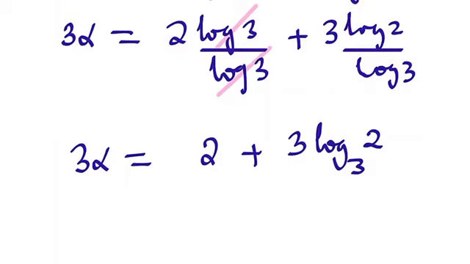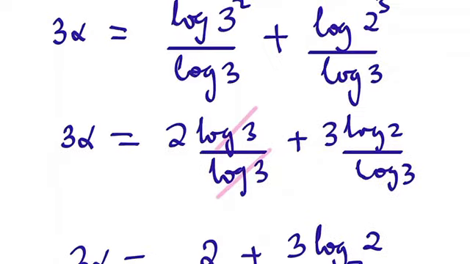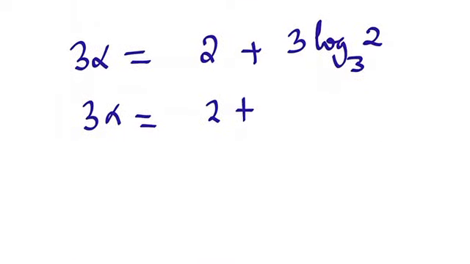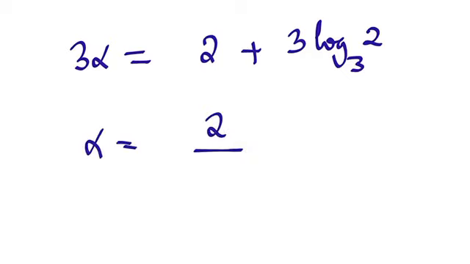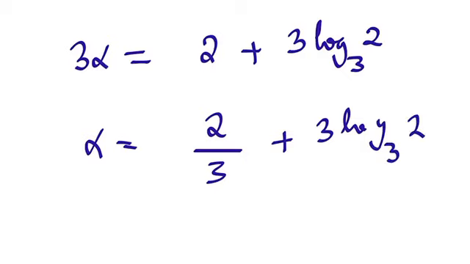Alright, so from there we're going to have 3 alpha is going to be 2 plus. Before that, let's try to divide through by 3 because we are looking for alpha. So we're going to have alpha is going to be 2 divided by 3 plus 3 log base 3 of 2, all divided by 3, because we're dividing through by 3.